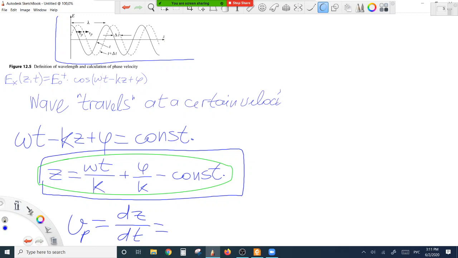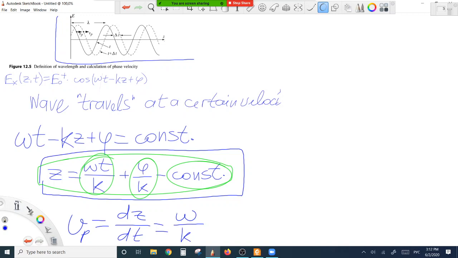This term is constant, and the derivative of a constant with respect to time is 0. This term is also constant with respect to time, so its derivative is also 0. We have only this term which changes with time, and its derivative with respect to time will be omega over k.